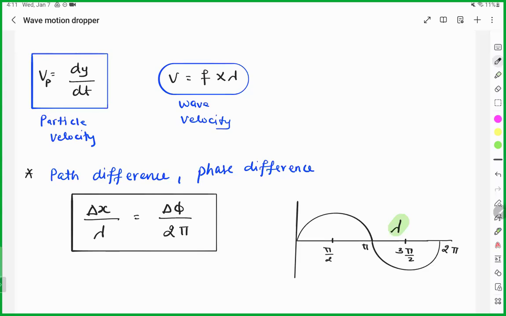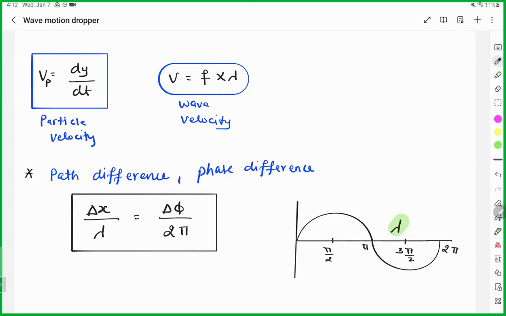You know, in one wave, length is lambda and phase is 2 pi. And if it is changing, then change in path divided by the wavelength equals change in angle divided by 2 pi. Remember only this. Your constructive and destructive path difference and phase difference will look extremely easy.